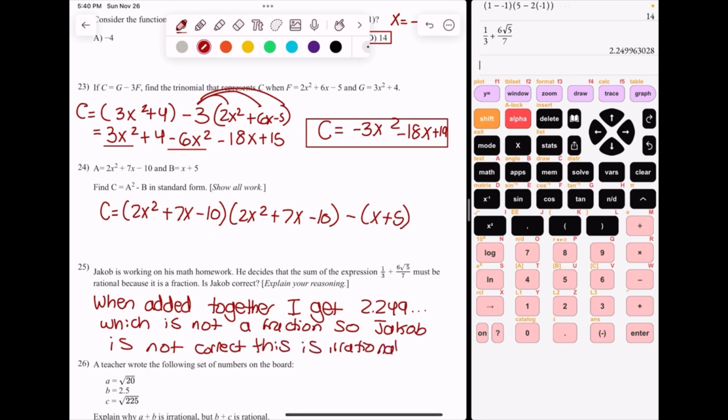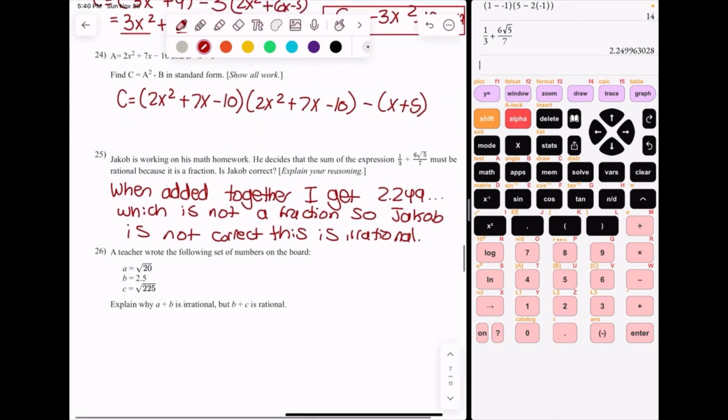Good. All right, 26. A teacher wrote the following sets of numbers on the board. Explain why a plus b is irrational, but b plus c is rational.